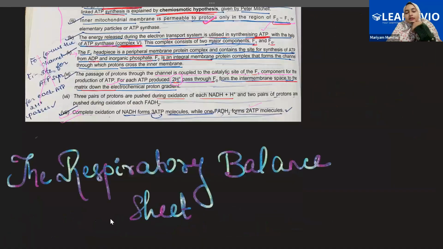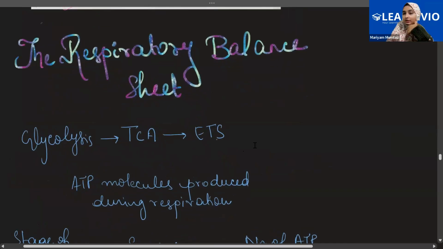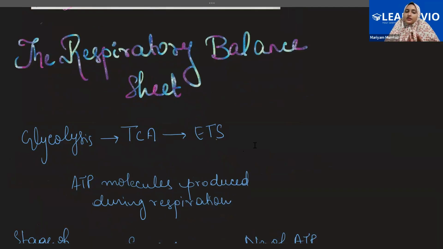Okay. So now we are going to see the respiratory balance sheet. Up until now, we saw glycolysis, we saw TCA, which is the citric acid cycle, we saw ETS, right? In all of these processes, ATP was being synthesized.